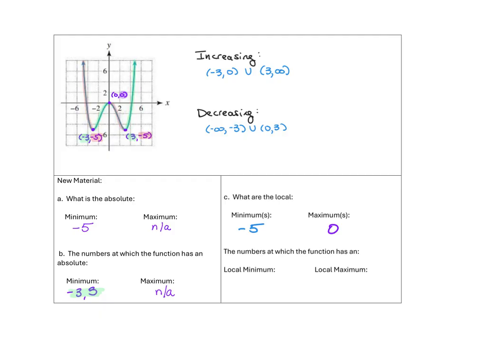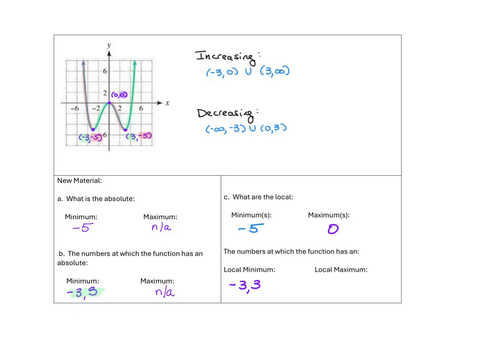When we ask at what numbers, the numbers at which the function has these values, that is, where does it occur? And so when we talk about our local minimums, it's going to be the same that it was last time for our absolute. It's still going to be -3 and 3.